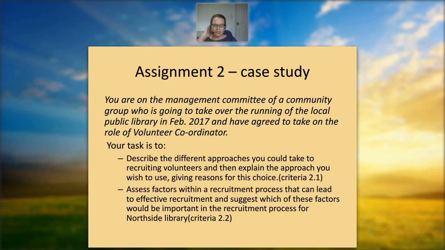I think this might be territory that is familiar to those of you from Leicestershire and Warwickshire, as I believe you both have community libraries on the go at the moment. And you have 2 tasks to think about. The first is to describe the different approaches you would take to recruiting volunteers, and then explain the approach you would wish to use, giving reasons for that choice.